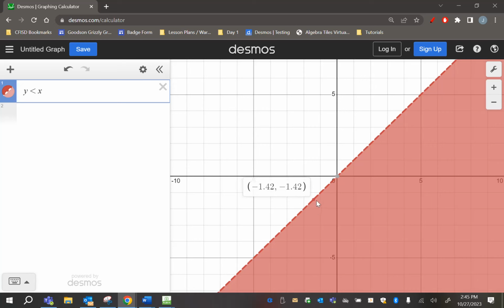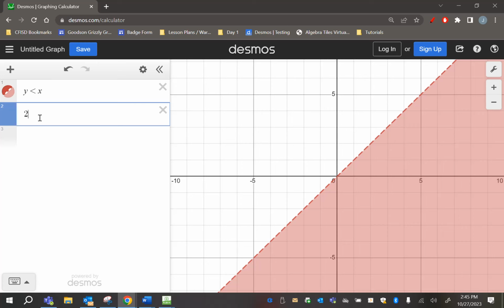Let's take a look. Are these points (1, 1) and (2, 2) where this inequality is going to be true? Is 2 less than 2? No. This is not a valid solution. So that dashed line represents the places where it is not true.